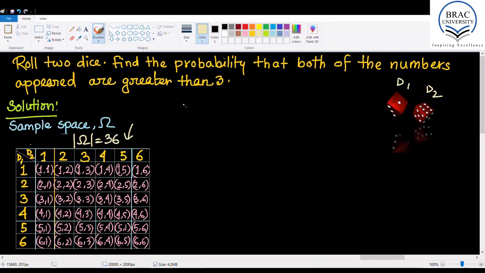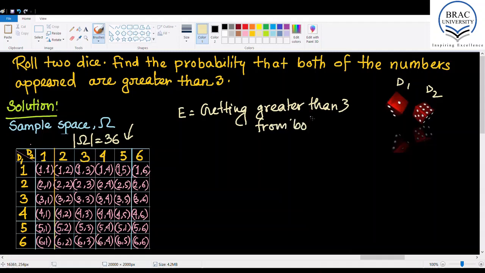Now we need the event to be declared carefully. So let's say our expected event is E and it is the event of getting greater than 3 from both the dice.